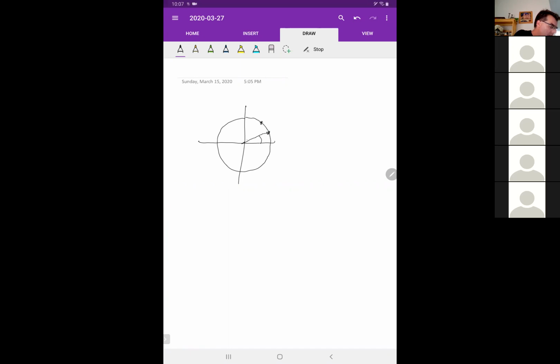Here's phi, this is e to the i phi, this would be e to the minus i phi, then this would be 2 phi, so this would be e to the minus 2 i phi. So every time we raise it to another power, we're just rotating along on the unit circle.